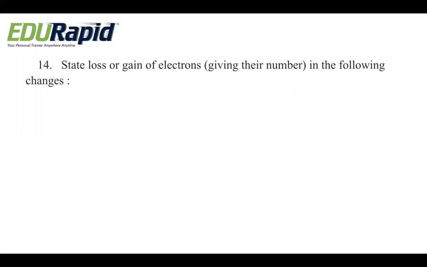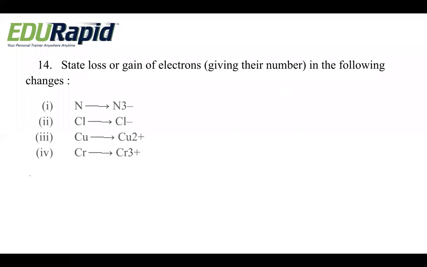We'll move to the next one. State loss or gain of electrons, giving their number, in the following changes. There is a change from a nitrogen atom to N3-. So what does it mean? They are asking whether it is a loss of electrons or a gain of electrons.